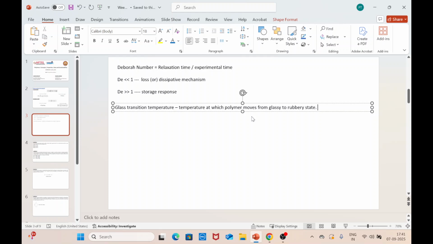The way the modulus decreases typically depends upon the microstructure of the polymer, whether the polymer is semi-crystalline or amorphous in nature. Depending upon that, variation will be seen in the modulus as a function of temperature. So beyond the glass transition temperature, modulus will decrease. But why is it so?